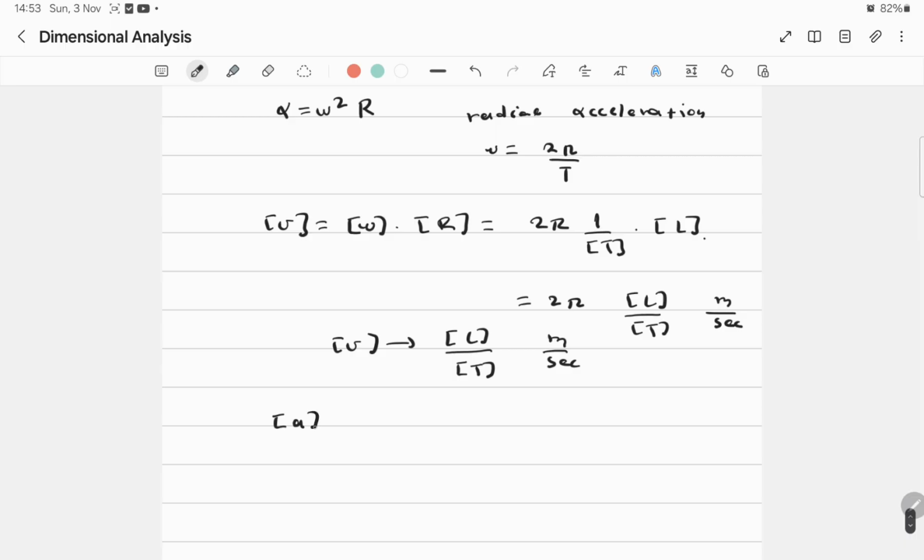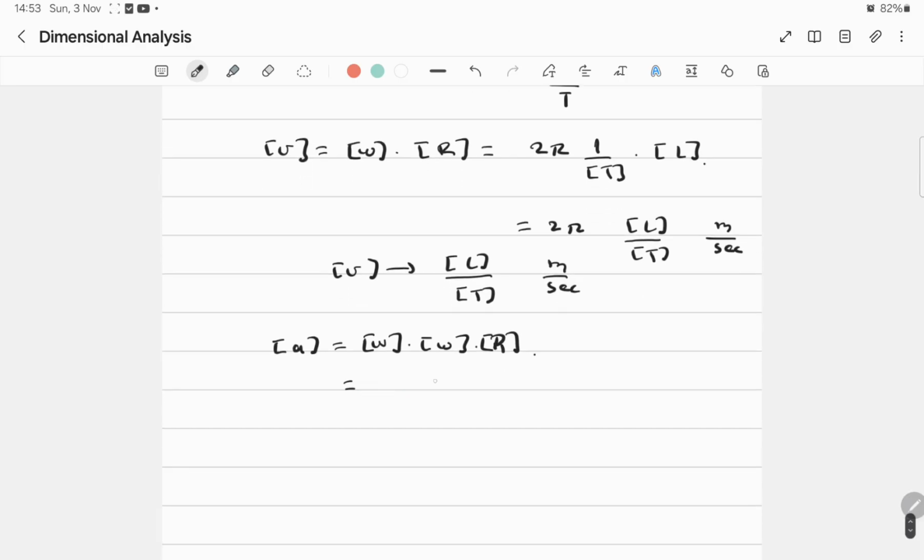Let's do the same for the acceleration. Is omega times r. The dimensions of omega are 1 over t times 1 over t times L, so it's L over t squared, so it's meter per second squared.